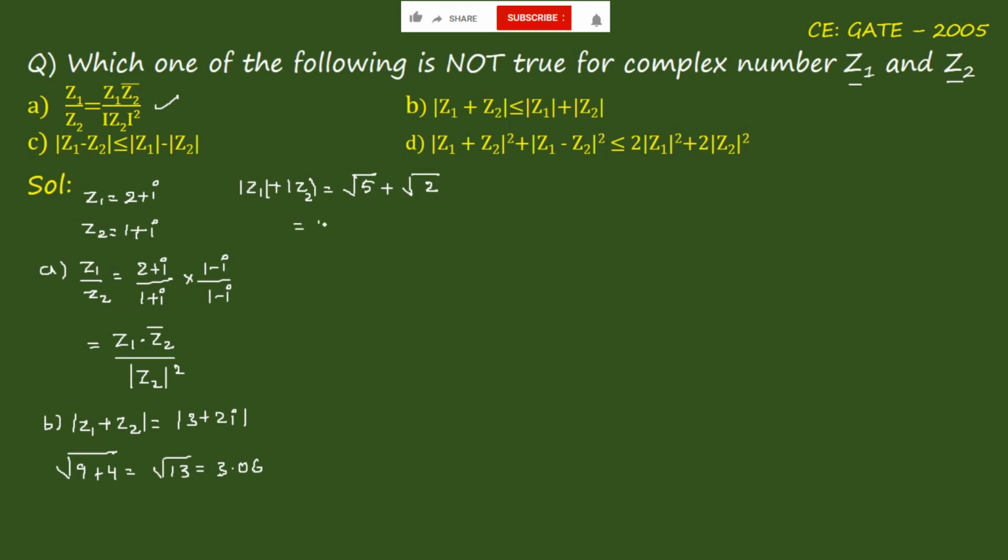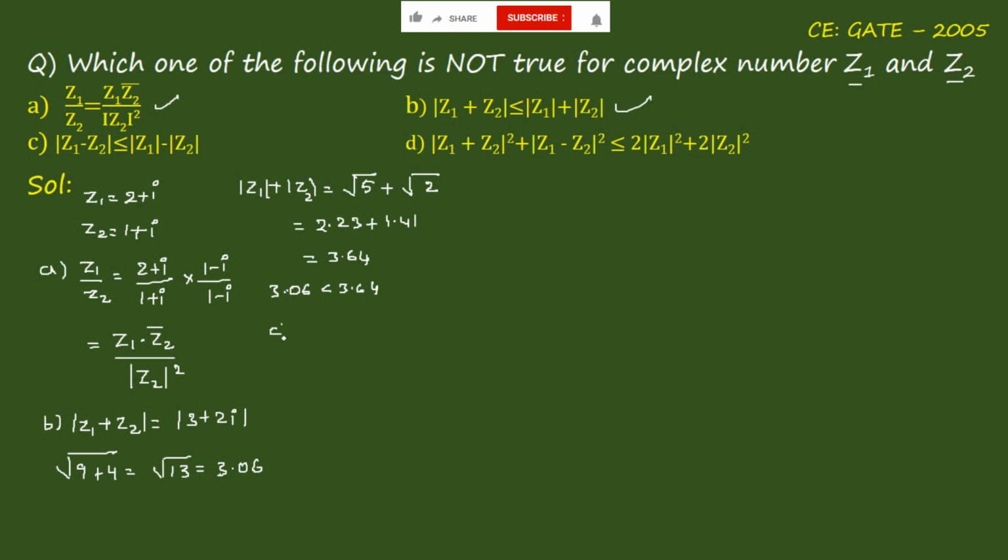Root 5 is 2.23 plus root 2 is 1.4, which equals 3.64. So we can see that 3.6 is less than 3.64, so it is satisfied.